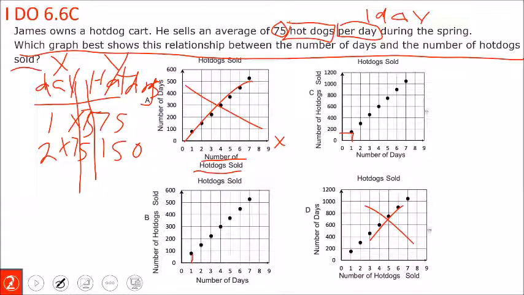This one goes up, and that's just under 100. That matches. But just to verify, we're going to check out C. 2 is 150. So here's 2, and it's halfway between 400 and 200, so that's at 300. Well, that doesn't match our table, so it's garbage. Toss that. So the answer is B.